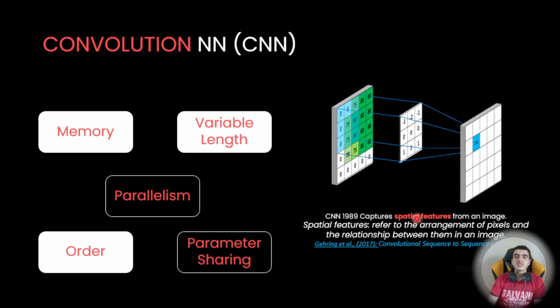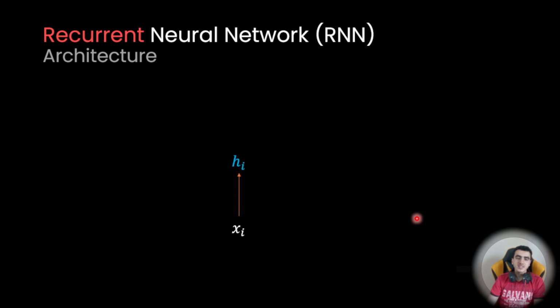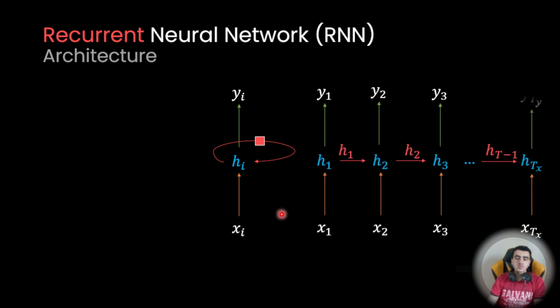Okay, so now let's discuss the recurrent neural network. Basically, it's structured in a simple way. It has a meaningful interpretation, maintaining the order in an elegant way. For example here, we are producing an output for each input, but each input affects the following inputs, and the output here depends on the previous inputs.